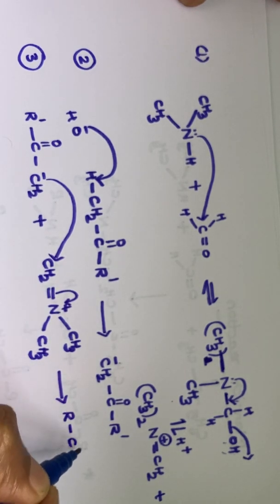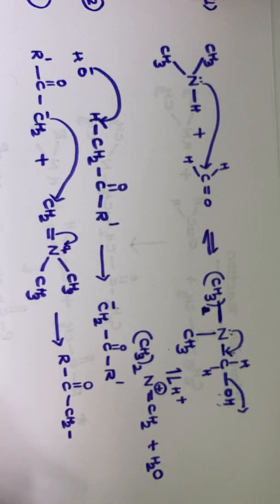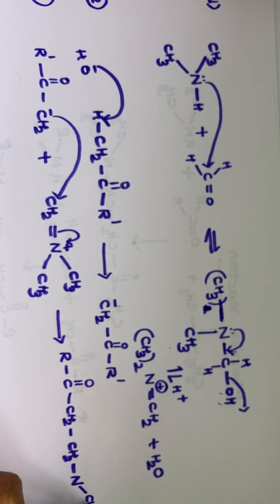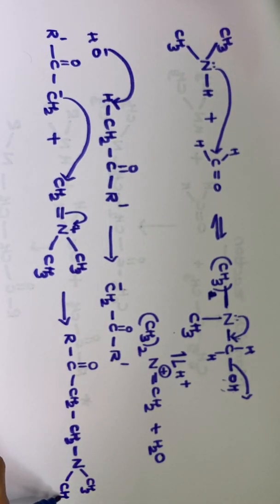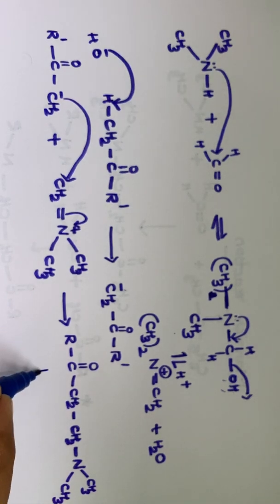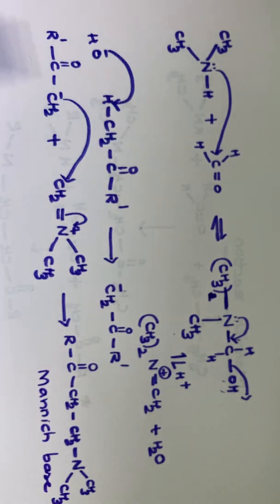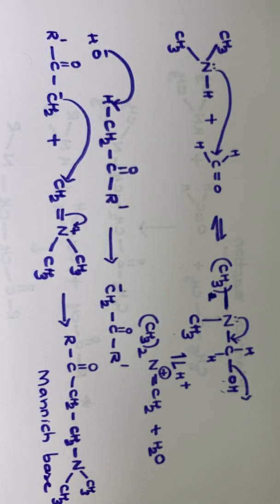So this is generated: R, C double bond O, CH2, CH2, CH2, N, CH3, CH3. This is the Mannich base. A very simple reaction it is. First, the reaction between secondary amine and formaldehyde takes place. Next, a carbanion will be generated. That carbanion will attack the iminium cation that is formed. This results in the formation of Mannich bases.